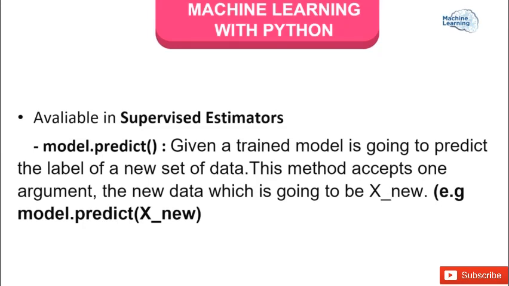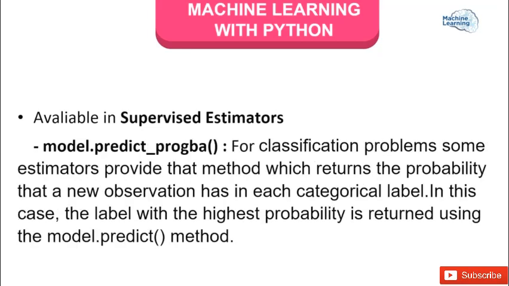And then this returns the learned label for each object in the array. Great. So also available in supervised estimators is the predict_proba method. For classification problems, some estimators provide that method, which returns the probability that a new observation has in each categorical label. In this case, the label with the highest probability is returned using the model.predict method.